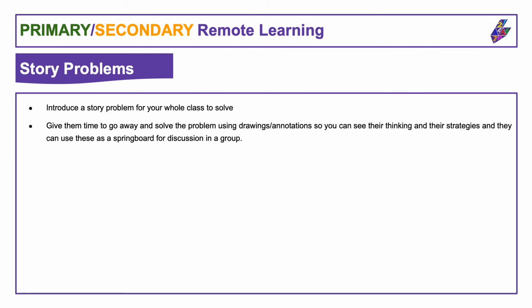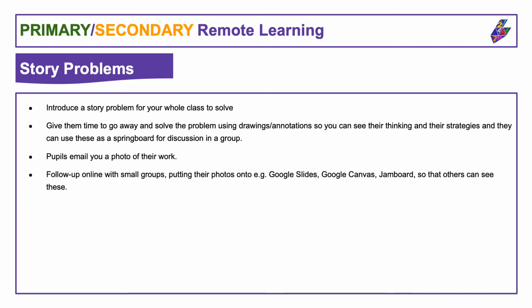Give the pupils time to go away and solve the problem using drawings, annotations, so that you can see their thinking and their strategies. And they can use these as a springboard for discussion as part of a group session afterwards. The pupils email you a photo of their work, and then you can follow up online with small groups.